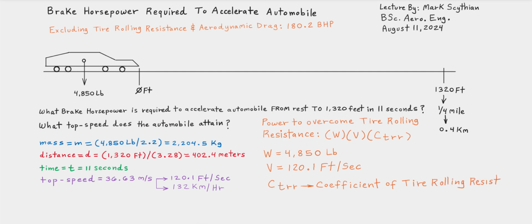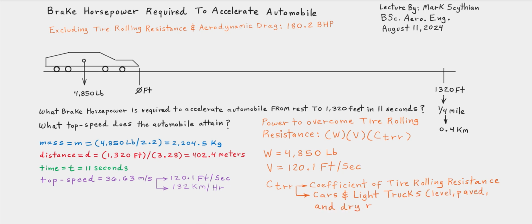And then when dealing with the coefficient of tire rolling resistance, there's an index, but if you look it up, cars and light trucks rolling on level, paved, and dry road will have a coefficient of tire rolling resistance equal to 0.012.